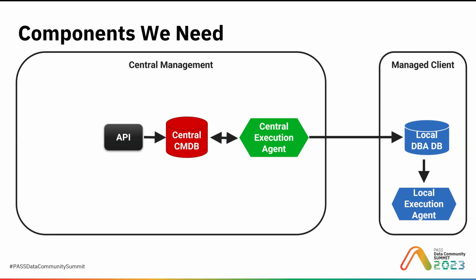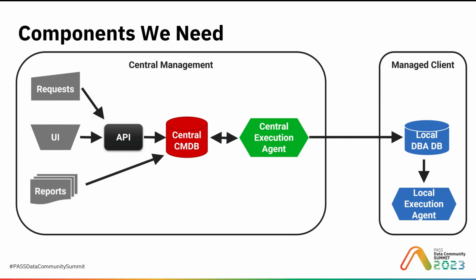Usually the central CMDB, as we talked about before, has some sort of an API where other people can put in requests or ask for information. If you're super lucky and you find someone in the company that can actually make a UI, you can put that on top. And you might create reports that don't go through the API, but directly query the CMDB for performance reasons, giving you all kinds of information.